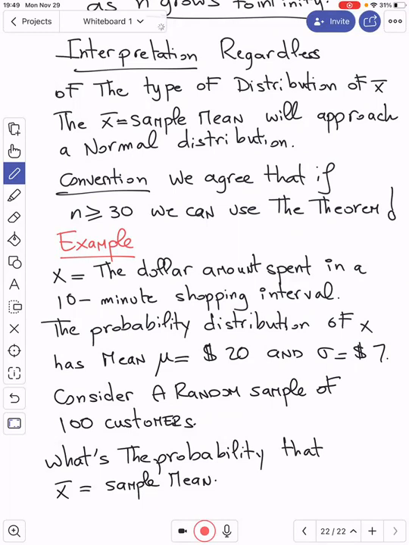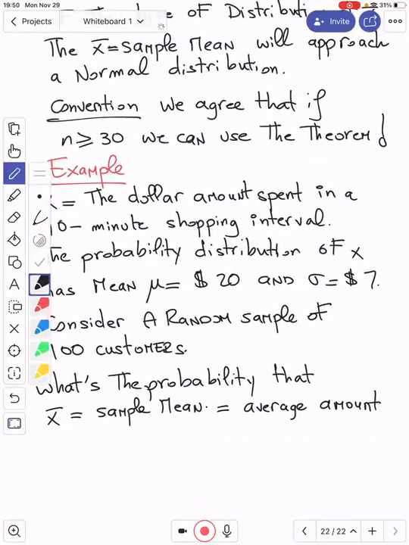We have 100 customers. They spend some money in a 10-minute shopping interval. And so the x bar will be the sample mean, just the average amount spent by the 100 customers.